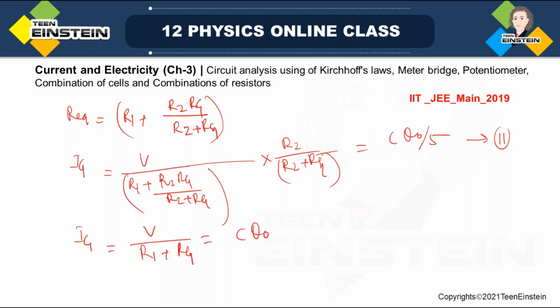Now let me find theta 0 from here and put it here.